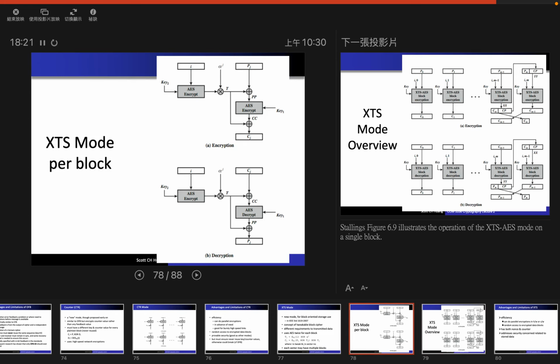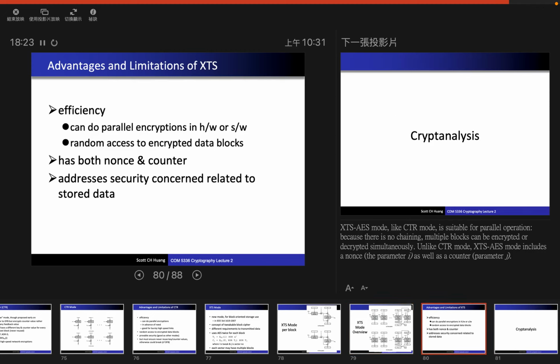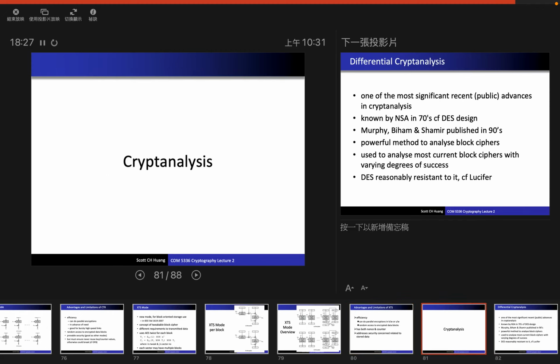Because today we'll be talking about the finite field, let's temporarily stop the modes of operation, and we'll come back later. Let's talk a little bit about cryptanalysis. Cryptanalysis is just a way to attack ciphers, block ciphers, any cipher.